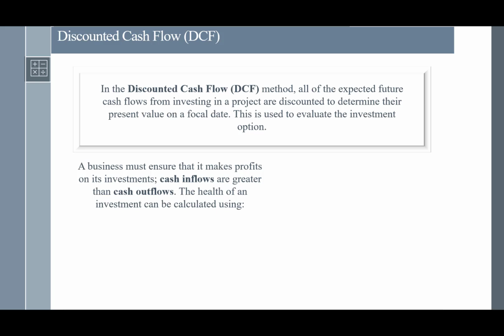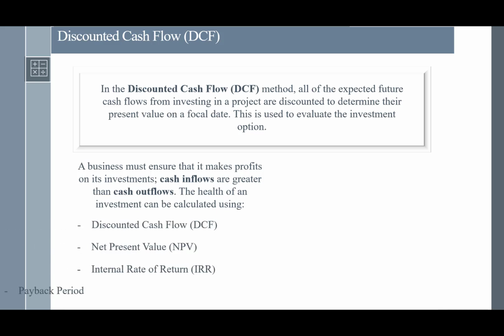So a business must ensure that it makes profit on its investment. This is when the cash inflows are greater than the cash outflows. This is when the net present value is positive, because the net present value, as you will see, is the inflow minus the outflow. So when businesses make decisions on investment, they consider a couple of things: the discounted cash flow and the net present value.